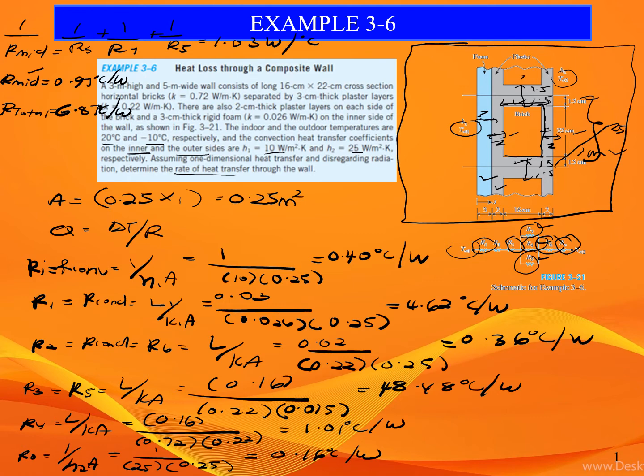Okay, for the Q, substitute this 20 degrees Celsius minus negative 10 degrees Celsius over R total, and then you will get 4.37 watts.